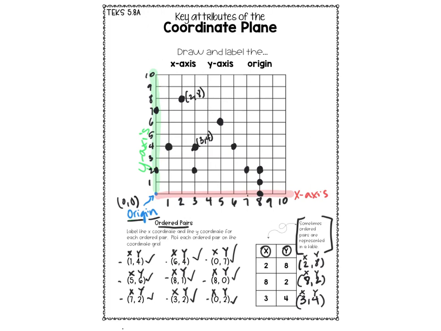So we have 0, 2 here, 1, 4 here, 0, 7 here, 5, 6 here, 3, 2 here, 6, 4 here, 7, 2 here, 8 to the right, 0 here, 8, 1 here, and 8, 2 here.